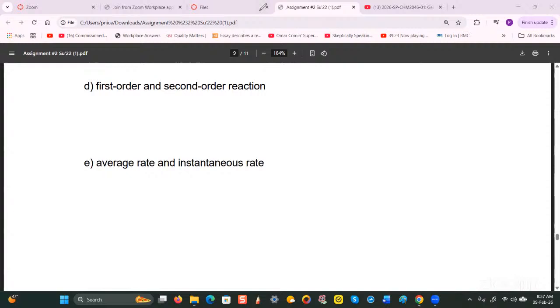Well, we just discussed it earlier. What's the difference between a first order reaction and a second order reaction?